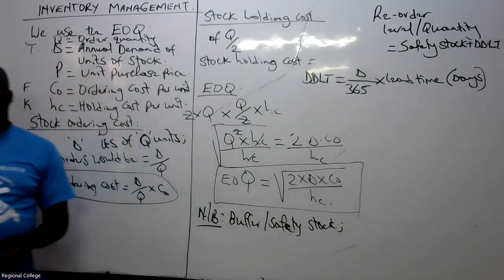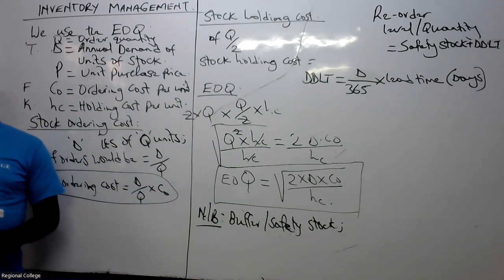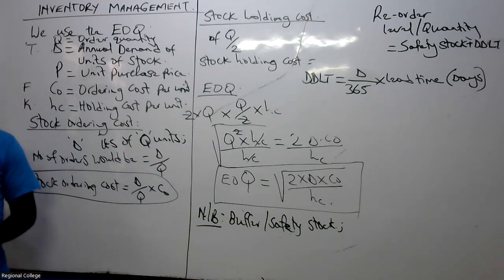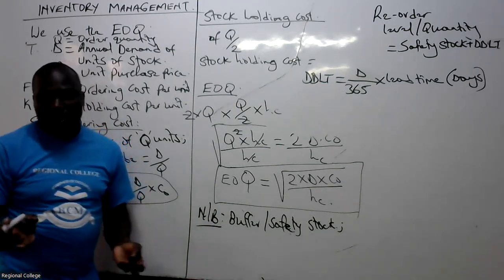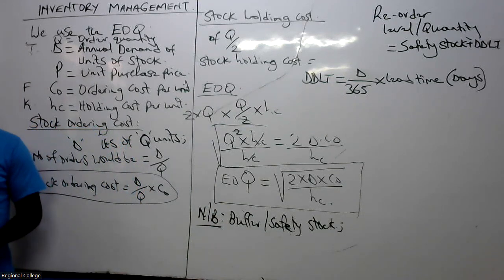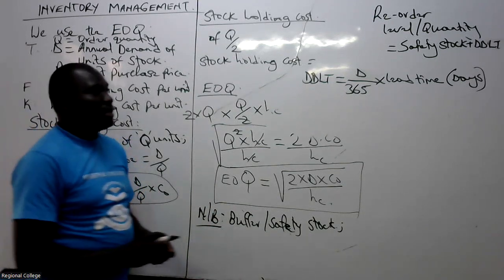What is lead time, by the way? It is the time we wait for stock to be delivered, the time from when we place an order to when the stock is delivered. During that time, what is the demand?